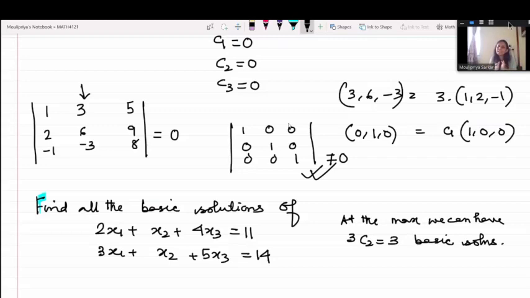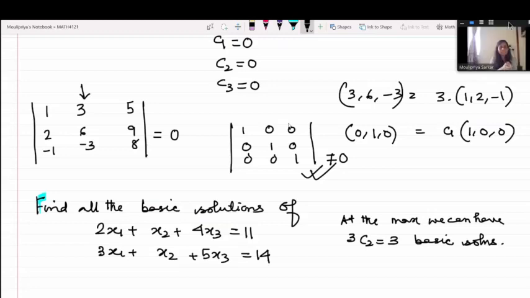Achha, why did I write at the max? Why did I not write that we can have 3 basic solutions? Because if the determinants are equal to 0, it may not be basic. Exactly, because every time we need to see whether the determinant value is not equal to 0 or not.